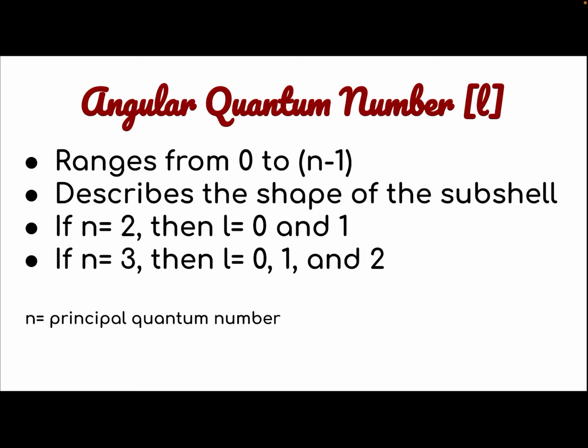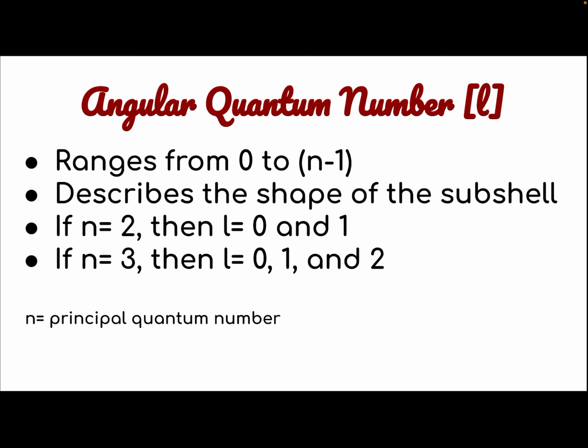Nasa pangalawang level ka. Then, yung L mo ay 0 at saka 1. Bakit? Kasi, to get the angular number, you get the range from 0 hanggang n minus 1. 2 minus 1 is 1. So, the values of your L are 0 and 1.